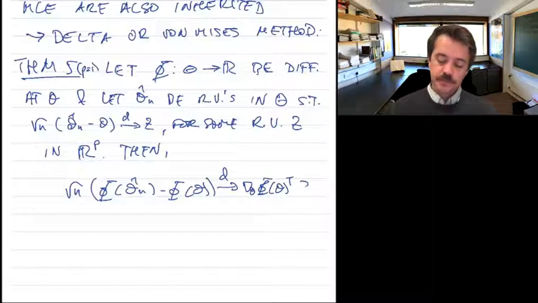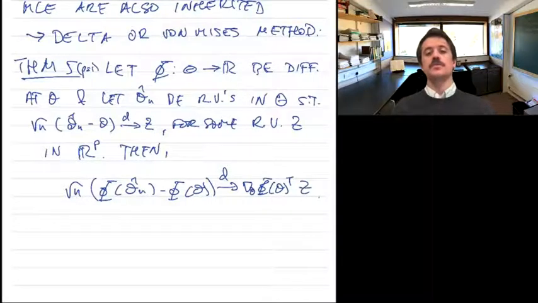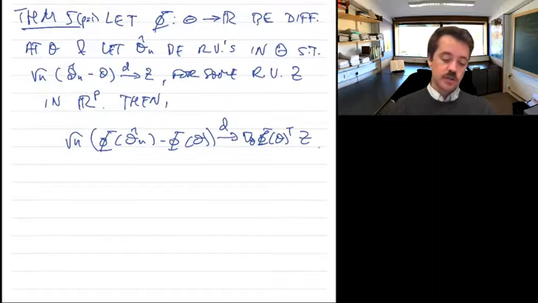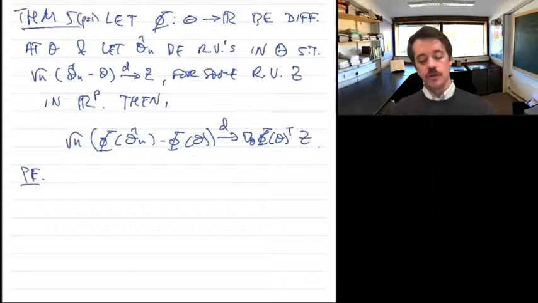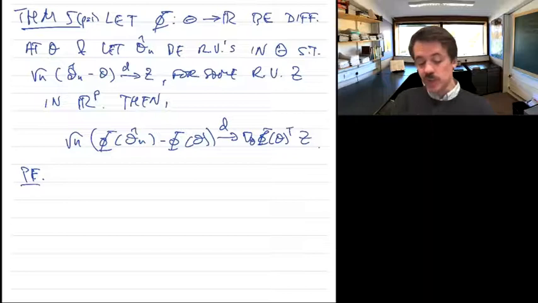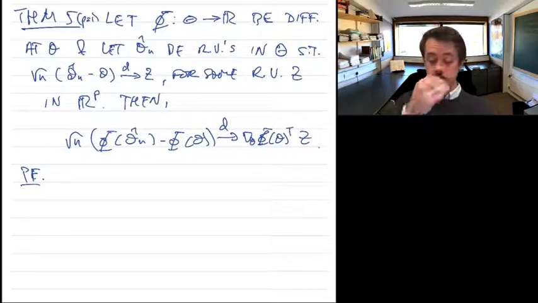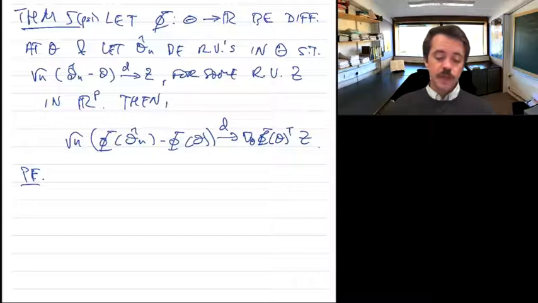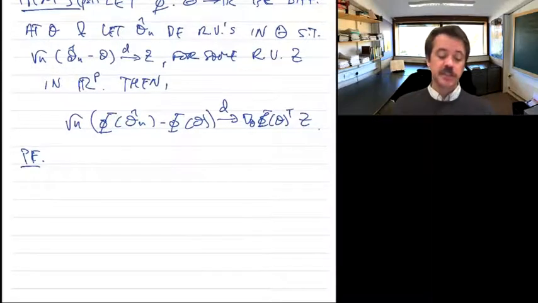Okay, if you look at it for a second, and you remember how we proved theorem 4, this limit on the right-hand side should be familiar to you, or at least not surprising. Because what we really see here is that we're using some sort of Taylor theorem, or Taylor expansion. That's really just the idea. So let's just prove this.